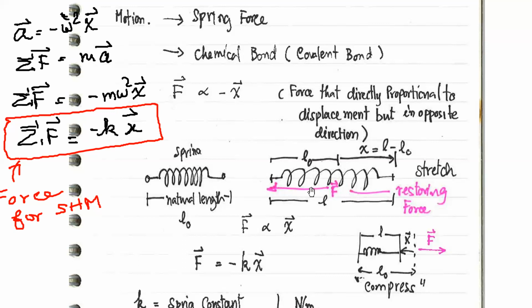When you pull it out, the spring stretches by some distance, and then it creates a restoring force by the physical properties of the spring. That restoring force is pulling the spring backward.